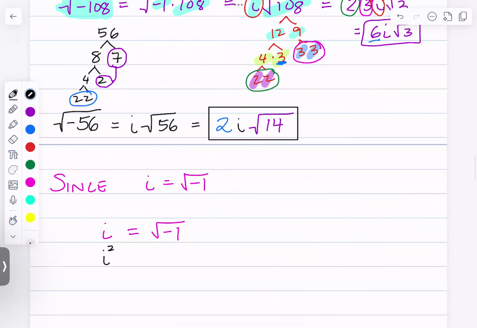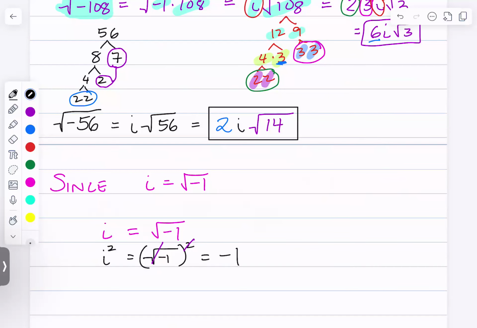So if I take the square of the square root of negative 1, essentially the square comes out with the square root, and so it's going to equal negative 1.